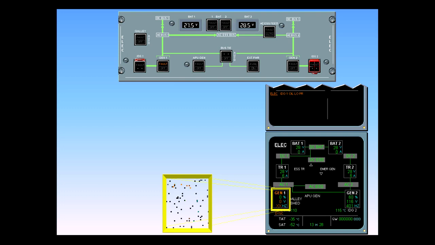Let's look at generator 1 indications for a moment. GEN in amber means generator 1 has abnormal parameters. One in white means engine 1 is still running. 0% load in green means that the load is still within the normal range. 0 volts in amber means that the voltage is outside normal parameters.